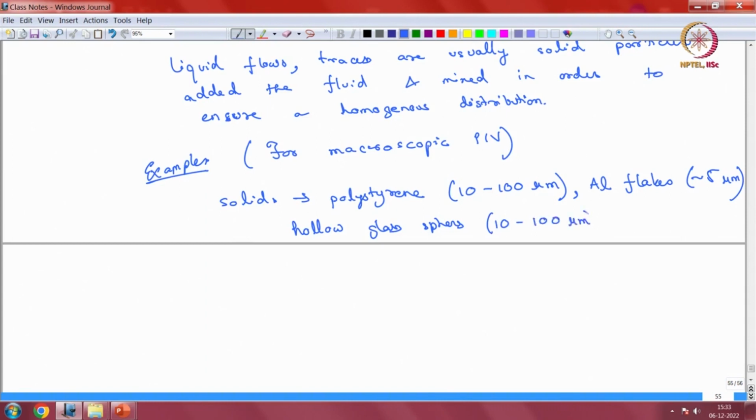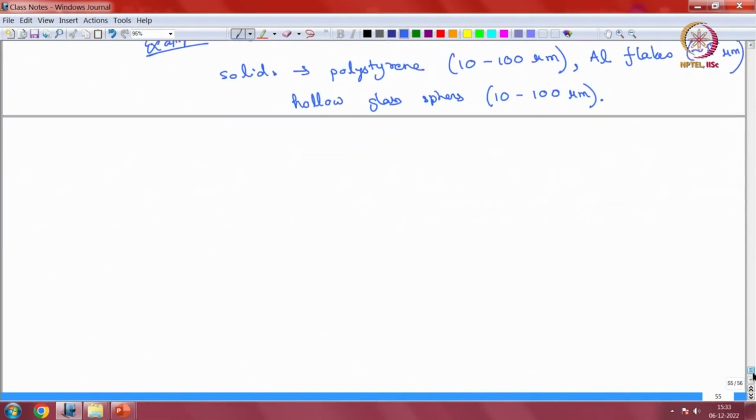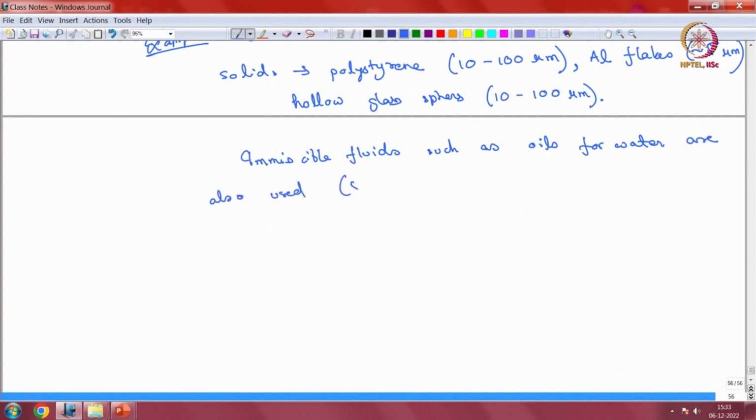Every case has to be understood and evaluated on its own merit. So these are just suggestive numbers. Hollow glass spheres of the order of 10 to 100 microns are often used in different experiments. Immiscible fluids, such as a combination of oils for water, are also used, again between 50 to let's say 500 microns.